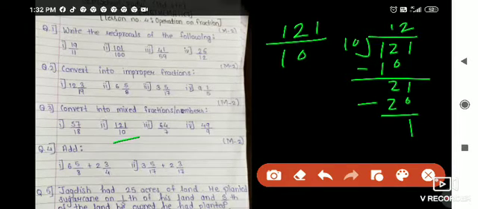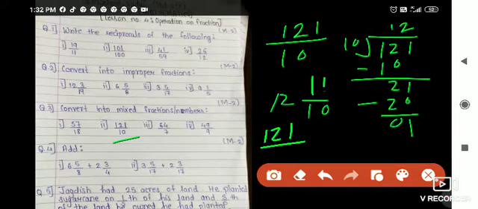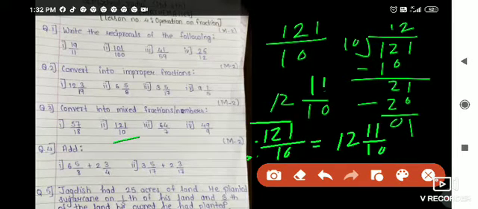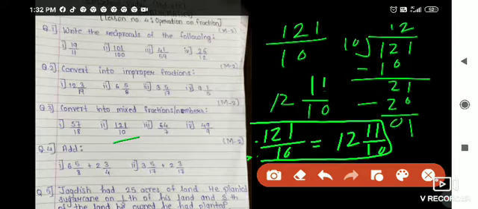Okay, so we write the remainder 1 above the line and 10 below the line. Therefore 121 upon 10 is equal to 12 integer 1 upon 10, is the answer of this question. Okay, so in this way you have to solve.